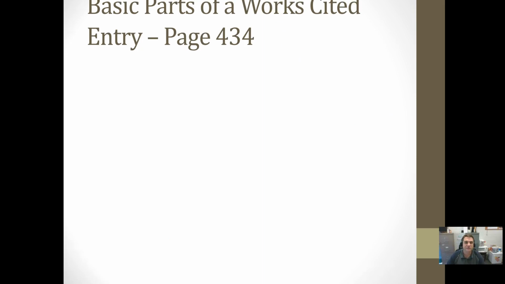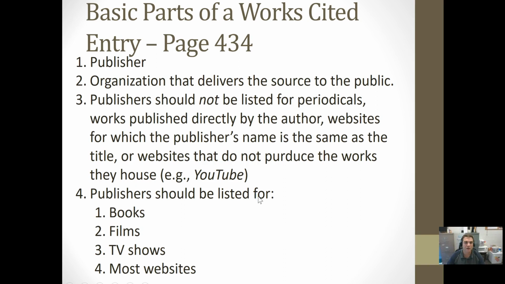Alright, so basic parts of a works cited page entry continued. The publisher. This is the organization that delivers the source to the public. Now, they should not be listed for periodicals, work published directly by an author, or a website for which the publisher's name is the same as the title. So, for example, if you had Encyclopedia Britannica, it's both the publisher and the website name, so you wouldn't need to include the publisher.